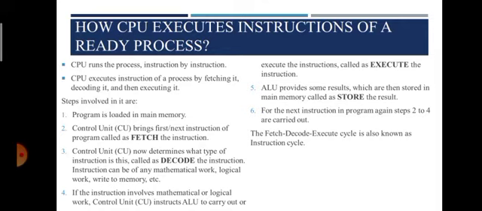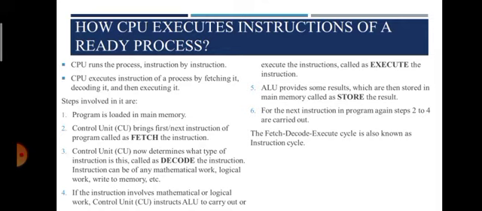If the process is having 10 to 15 instructions in it, then the CPU will execute the first instruction in the first step, second instruction in the second step, third instruction in the third step, fourth instruction in the fourth step, and likewise it will be continuing until the 15th instruction. So we can understand this by saying that CPU runs the process instruction by instruction.